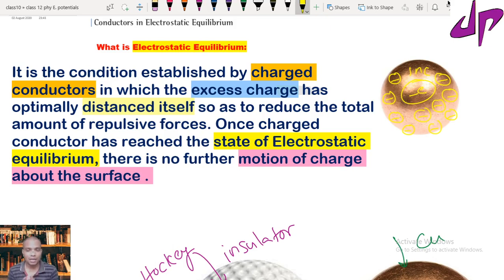Once the conductor reaches that state, there is no further movement of charges. So if you take a conductor and give it a charge, the electrons quickly occupy the whole surface within a fraction of time and reach electrostatic equilibrium.